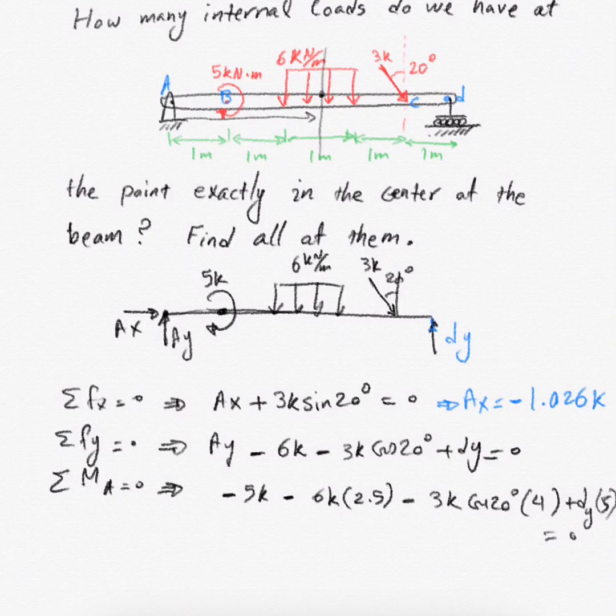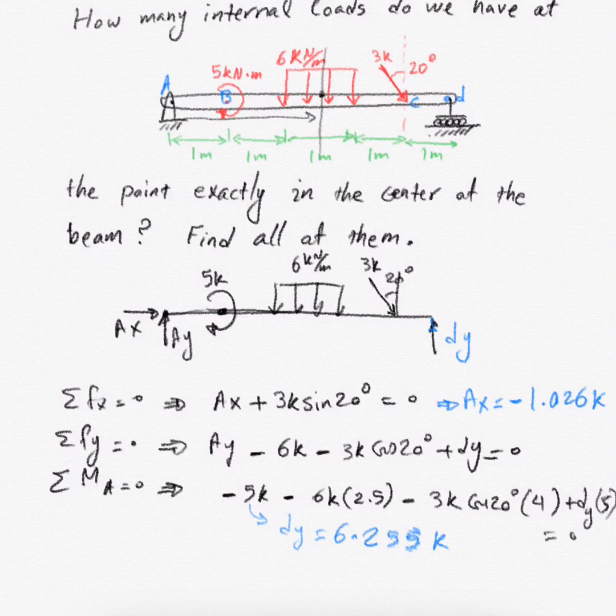Dy is positive. If you solve that, this gives you Dy equal to 6.255K.